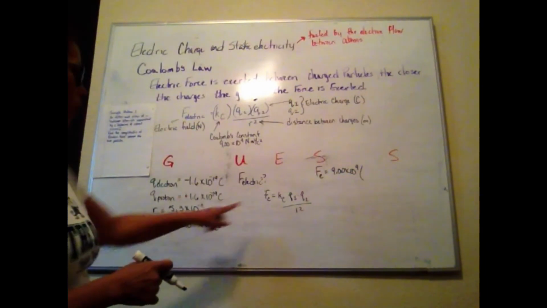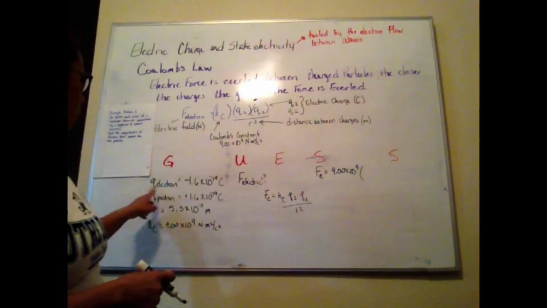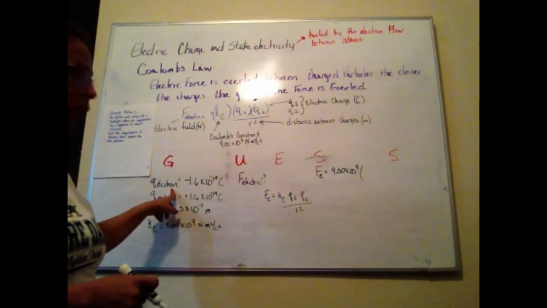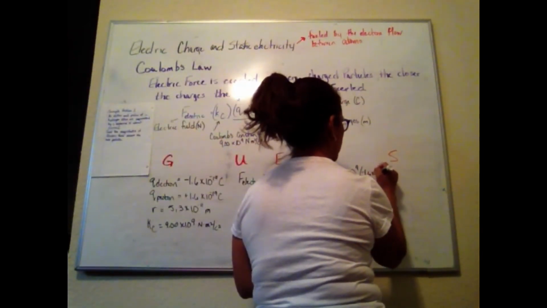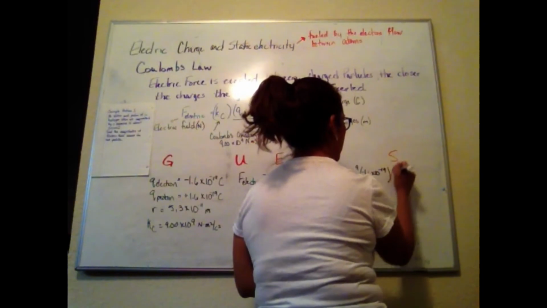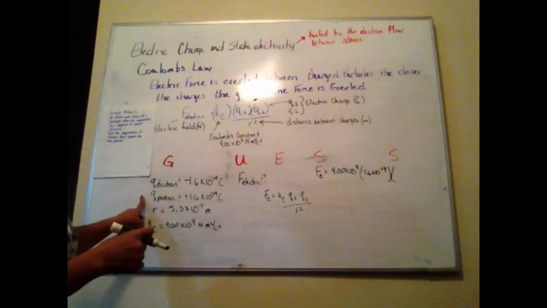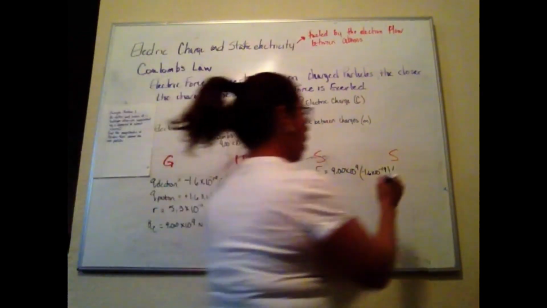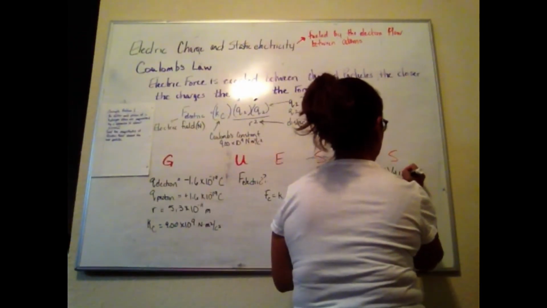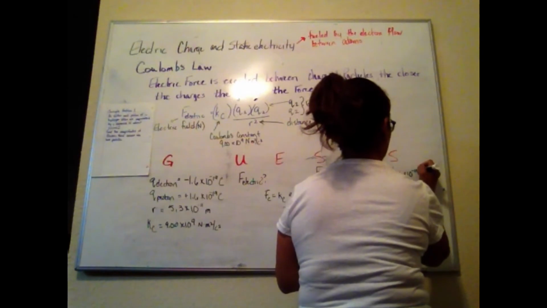Then we have our two Q's. Q1, we'll say, is the electron, negative 1.60 times 10 to the negative 19. And the other Q, the proton, Q2, is positive 1.6 times 10 to the negative 19.